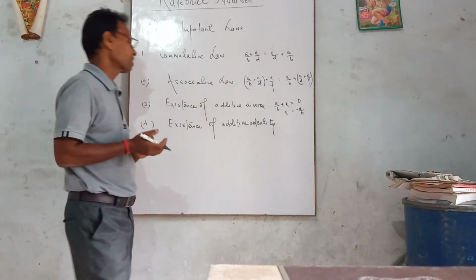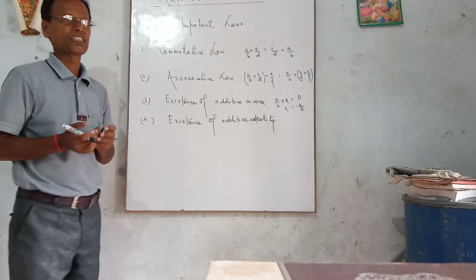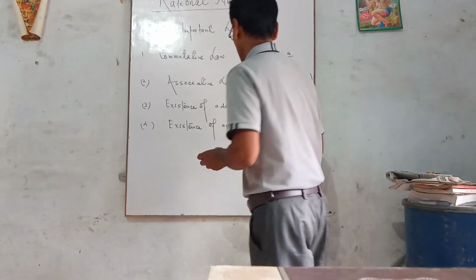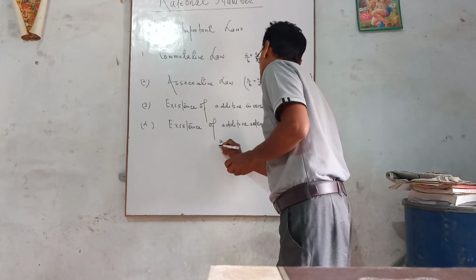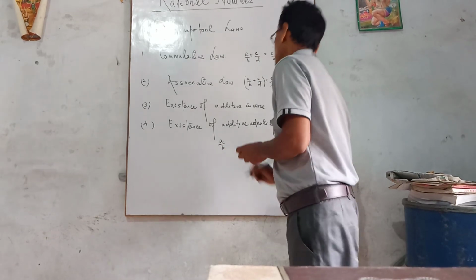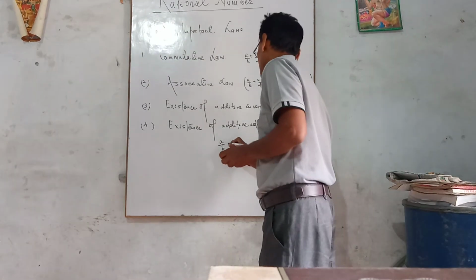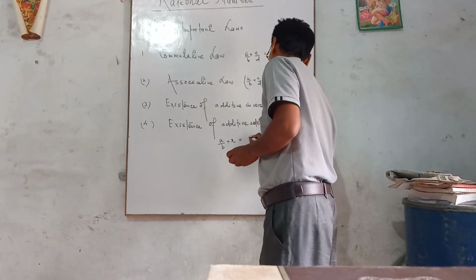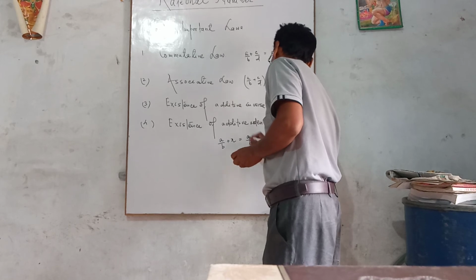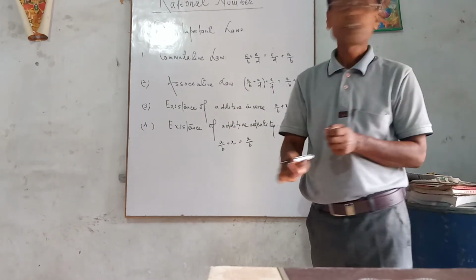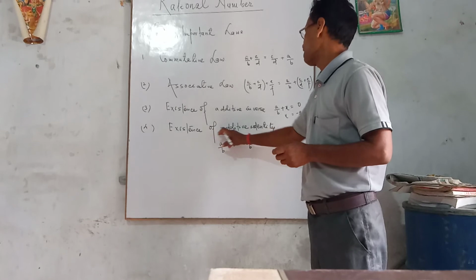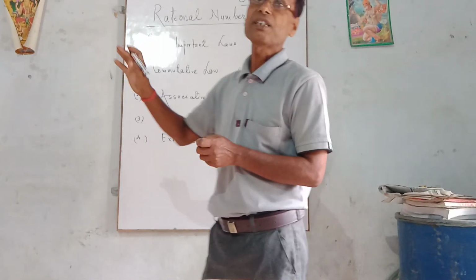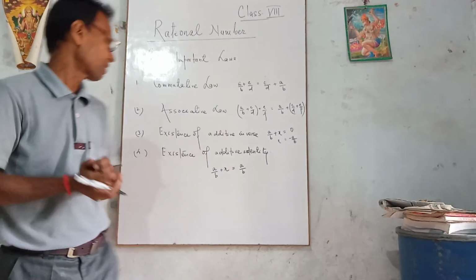Now, students, existence of additive identity. Suppose that I have written a rational number a upon b. Then I have added a number x, which gives the same result a upon b. In this case, x is called the additive identity, and we can define it in the following way.